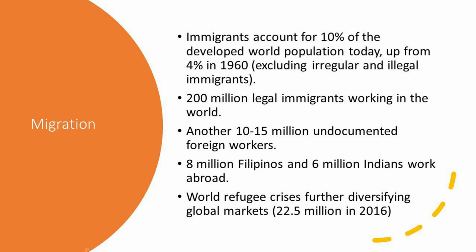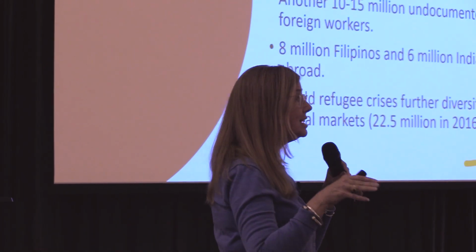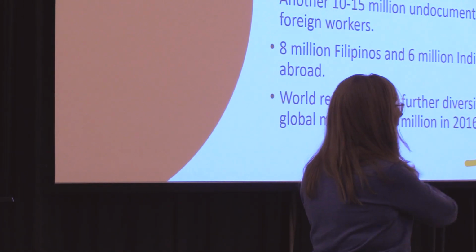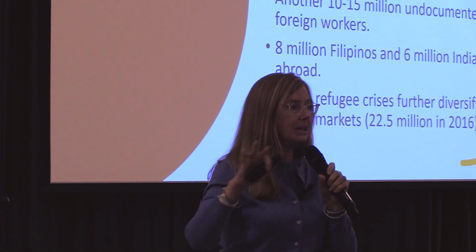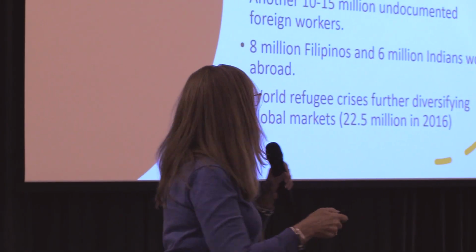So we have a lot of people who leave countries, go to other countries, send money back to those countries, and there's actually incentive systems in place for that. So just keep this in mind because this is one of the factors driving a change in the population.